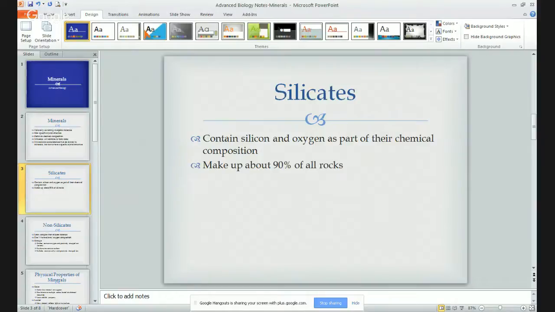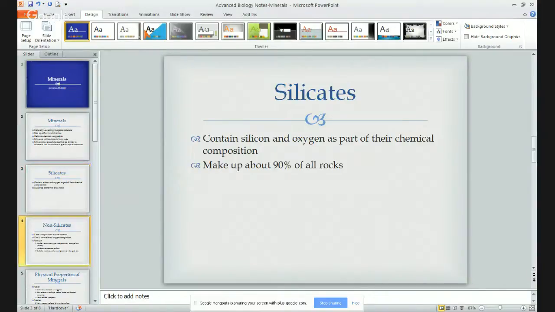They're a pretty large group of minerals. They're going to make up about 90% of what we know as the continental crust. So they're going to make up most of our rocks.